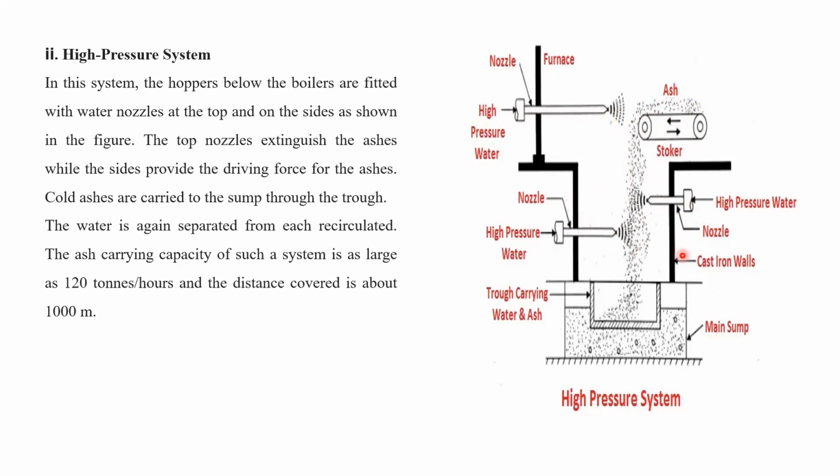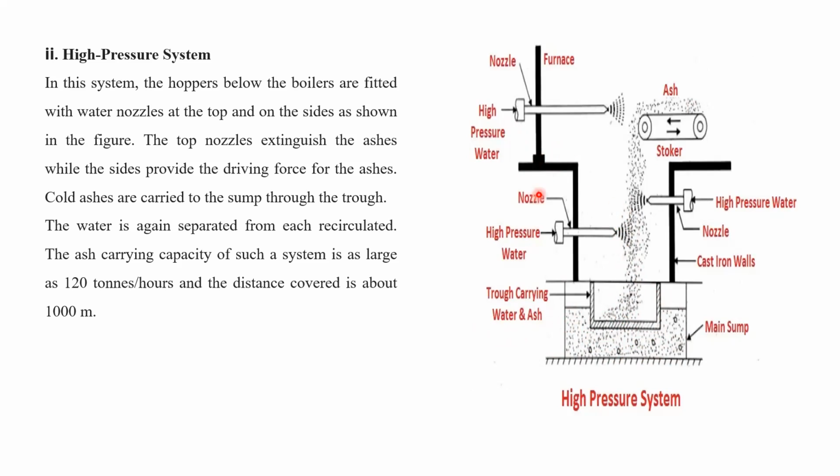After mixing with water, the ash flows down the trough carrying water and ash, and this is delivered to the main sump with the help of gravity or with the help of a pump. This is about the high pressure system.